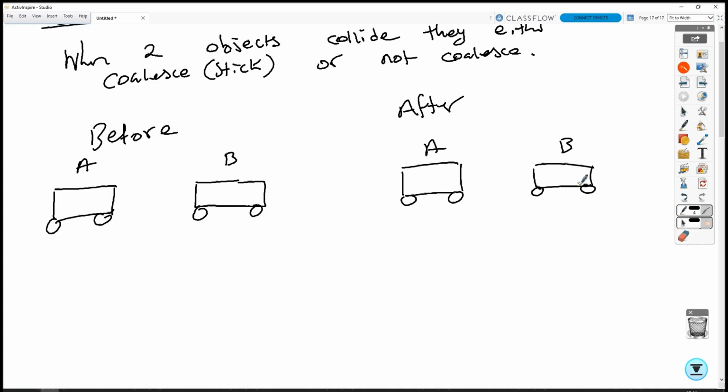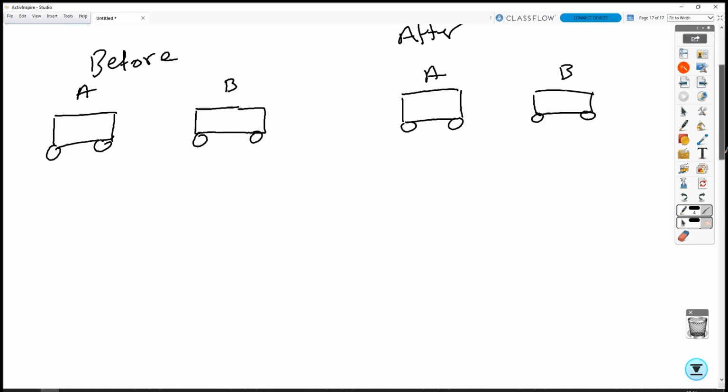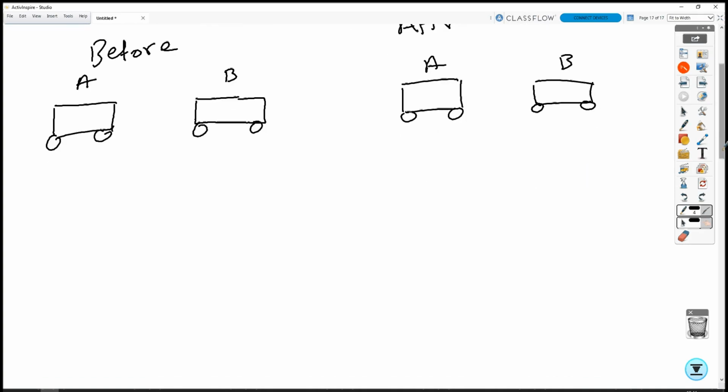In this situation, it does not matter in which direction they're moving or not moving in. We construct the equation in the same way. Which is that MA UA plus MB UB.